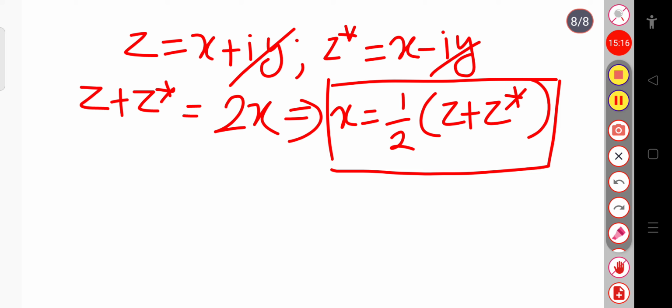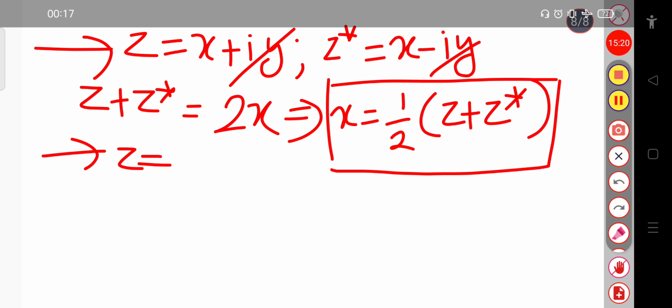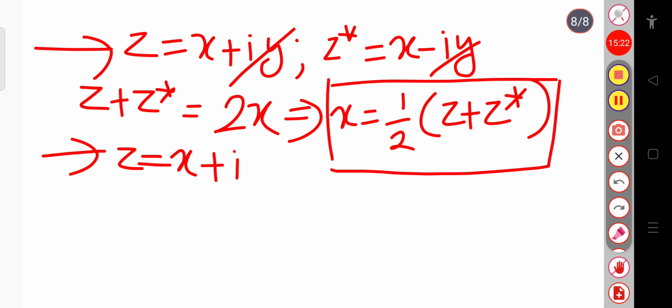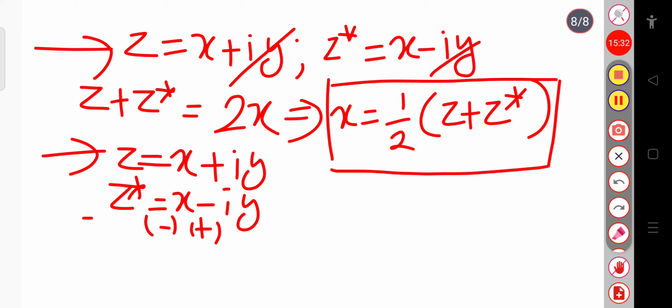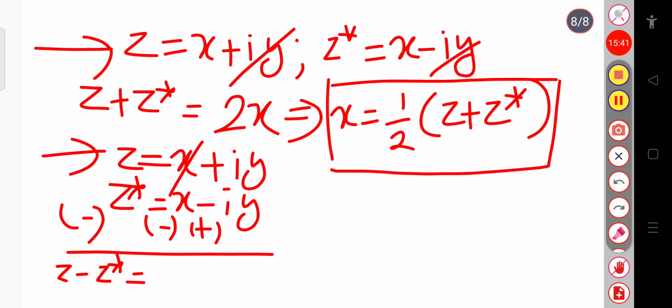Similarly, here z equal to x plus iy and z star is x minus iy, and if I subtract, what will happen? z minus z star will be equal to, x gets cancelled, so this will be twice of iota y.